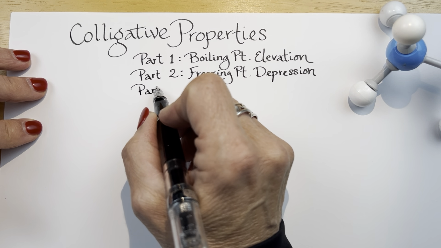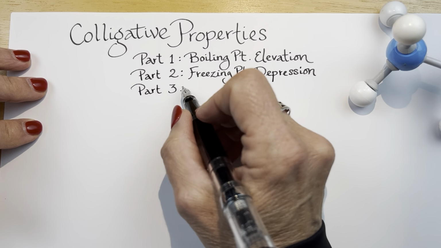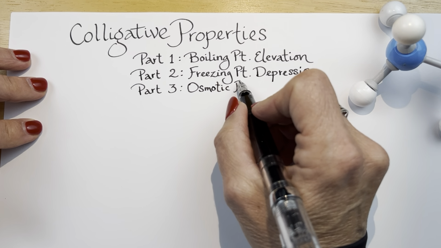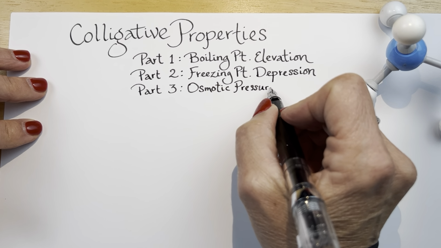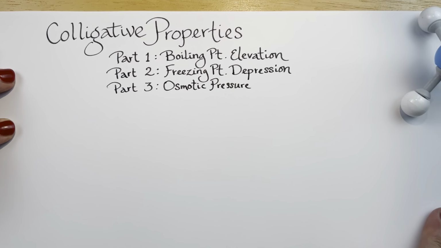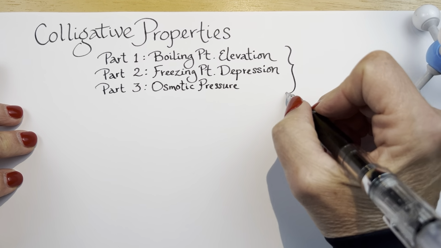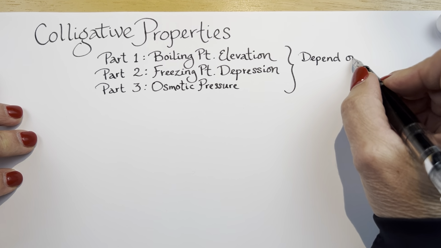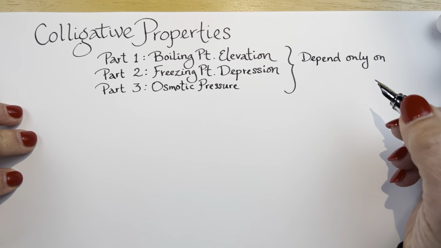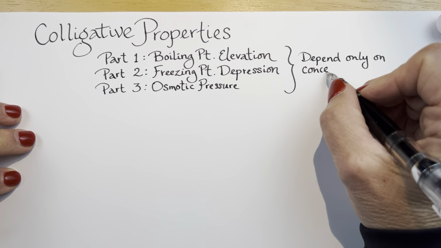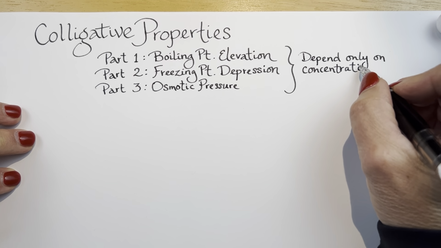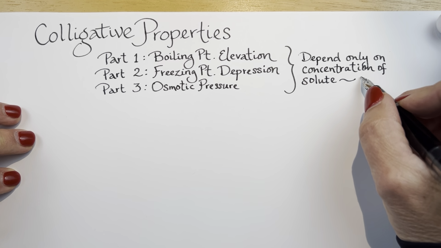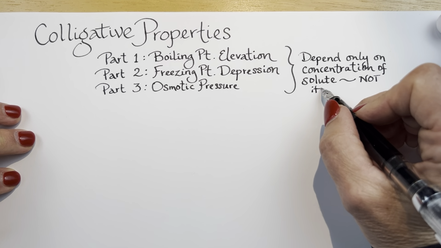Part 3 seems a little bit like an outlier, but the reason why we keep all these 3 together is that all 3 of these depend only on the concentration of the solute, not its identity.